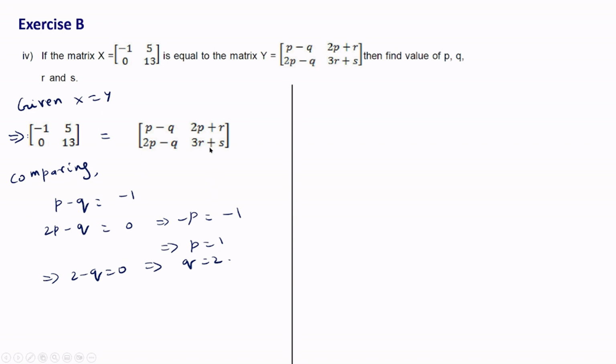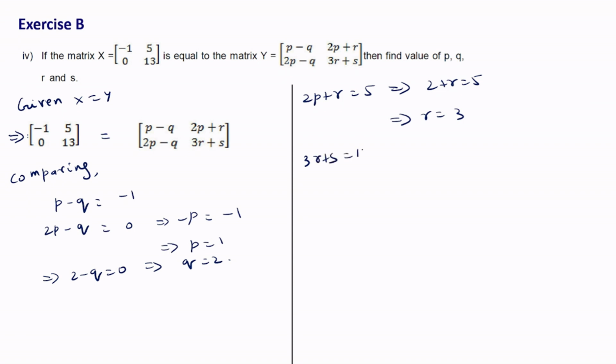And now we can compare 2P plus R equal to 5. We already got P as 1, so 2 plus R equal to 5. So R equal to 5 minus 2, which is 3. Next we have 3R plus S equal to 13.